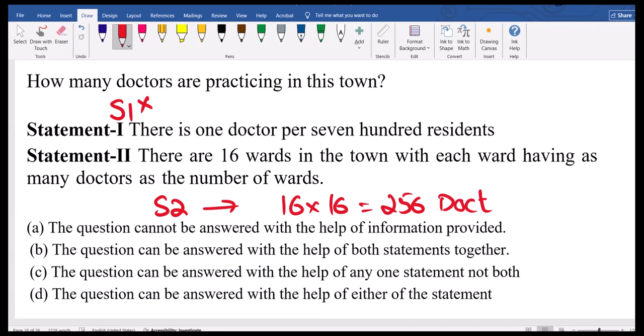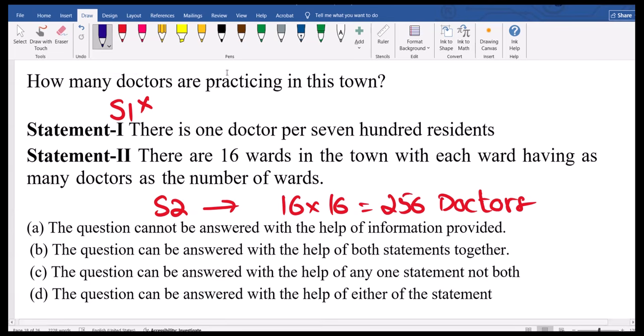But this question also has a bit of ambiguity in the data. If the question is how many doctors are in this town, but they say practicing, there may be some doctors who do some business and are not practicing their profession. Maybe a chance.